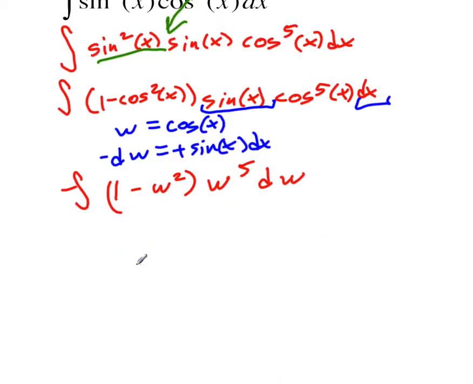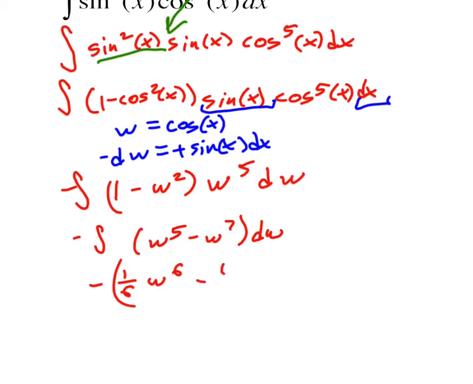And now we'll multiply through here, so we have negative integral w to the fifth minus w to the seventh dw, and now it's very easy to anti-differentiate. We have a negative 1/6 w to the sixth, right? And then minus 1/8 w to the eighth plus c.